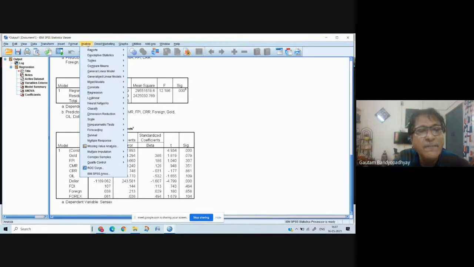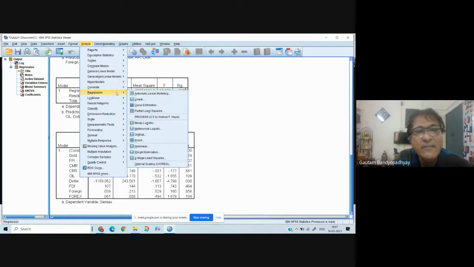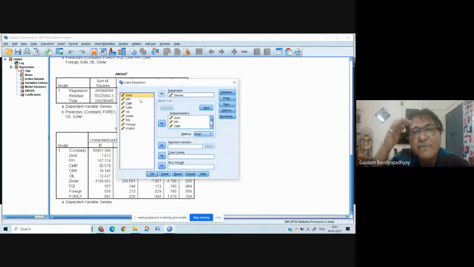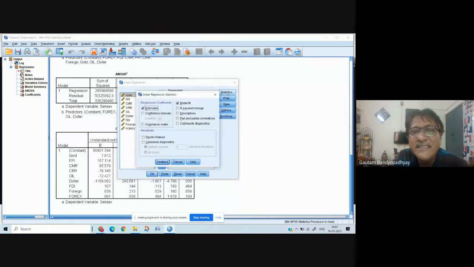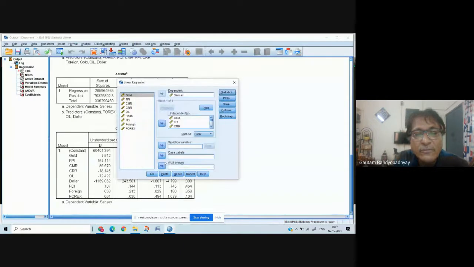Go to Analyze, go to Regression, go to Linear, and select Statistics. When I select Statistics, this is called collinearity diagnostics, which is one check of multicollinearity. If we select this, automatically all VIF values will come. So select it and continue. Then click OK.